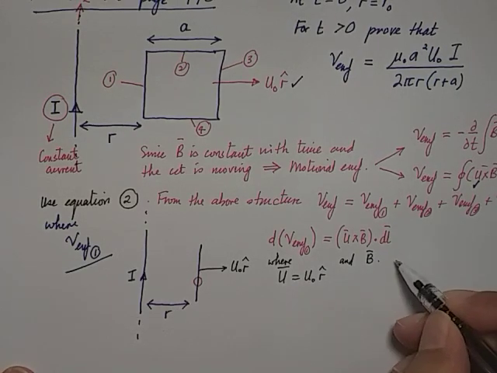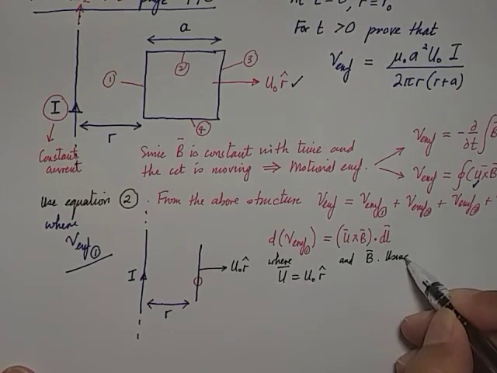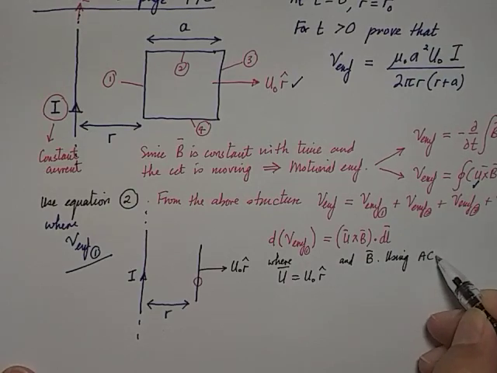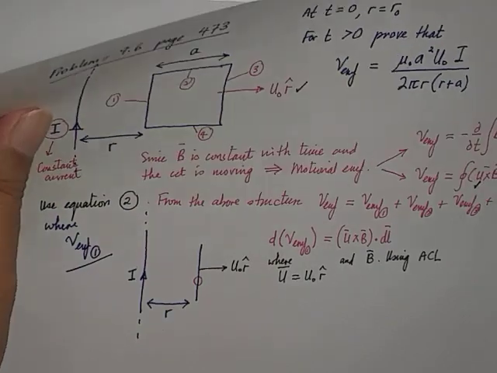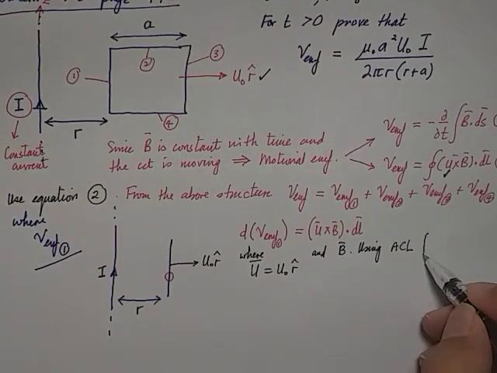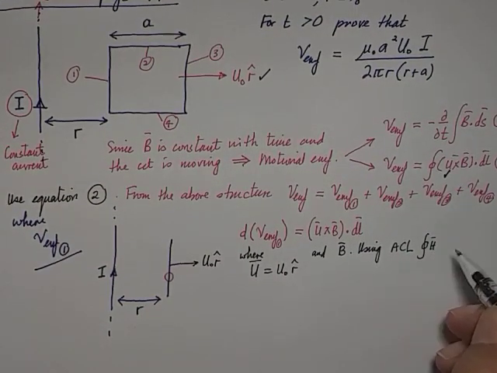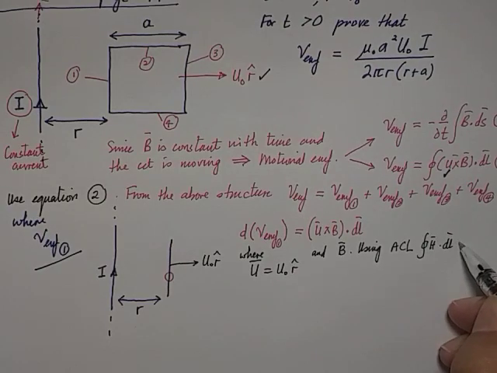Okay, so I'm going to say that using Ampere's Circuit Law. Remember you have to use Ampere's Circuit Law. What does Ampere's Circuit Law state? H dot dl equal to I enclosed.